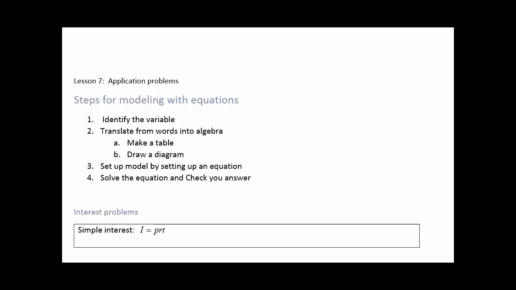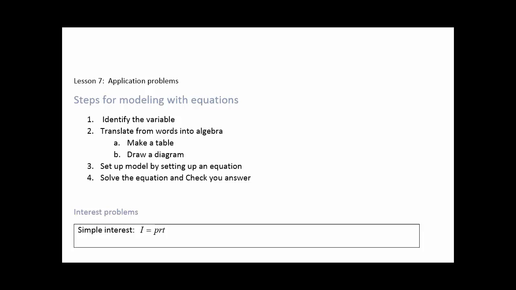So in looking at our book, we're being told that the first thing we want to look at is identify the variable. So if we can't figure out what we're being asked to find after we've read it, we haven't read it clearly enough. And so read it again. Don't start thinking of what to do until you've figured out what the question is talking about. So if you can't re-explain it in your own words, then there's a good reason for that.